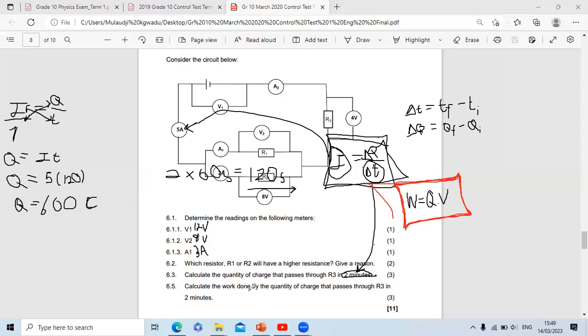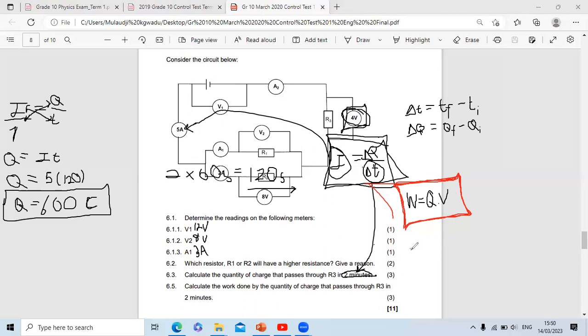So they say the work done by the charge that passes through R3. What we know is that passing through R3, there's 4 volts, and the charge going through R3 is 600 coulombs. And the work is the product of the voltage multiplied by the charge.